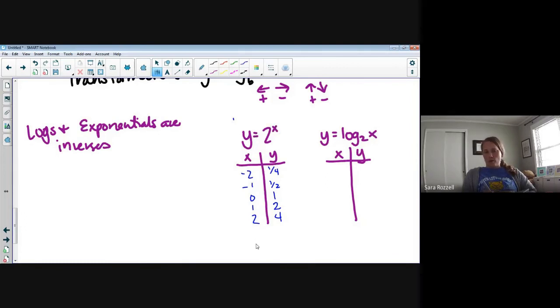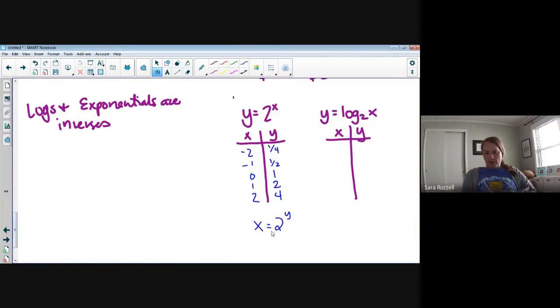If I swap my x and my y, I would have x equals 2 to the y. Everybody see that? If I switch my x and my y, thumbs up, we're good on that? Okay. Now I'm just going to write this as a log, and I'm going to see what happens. I can rearrange it as a log.